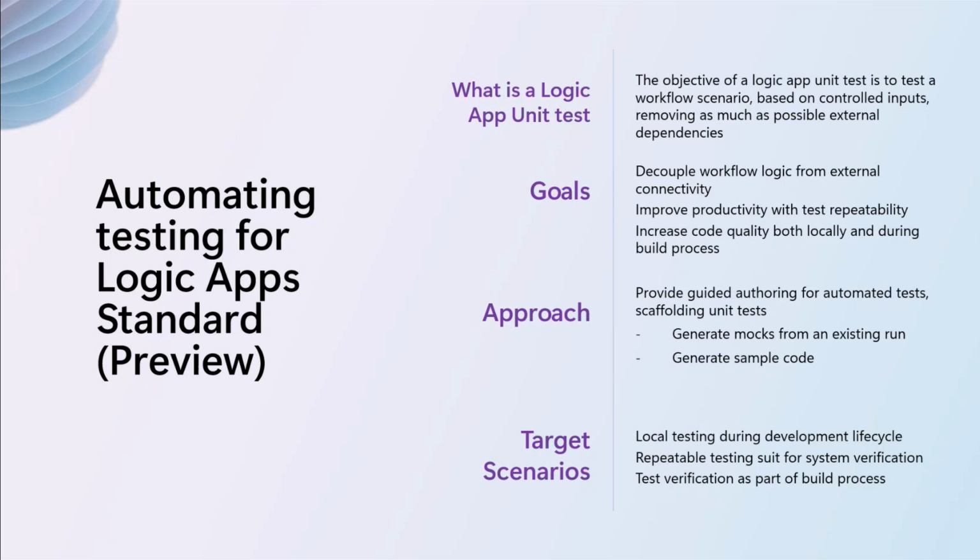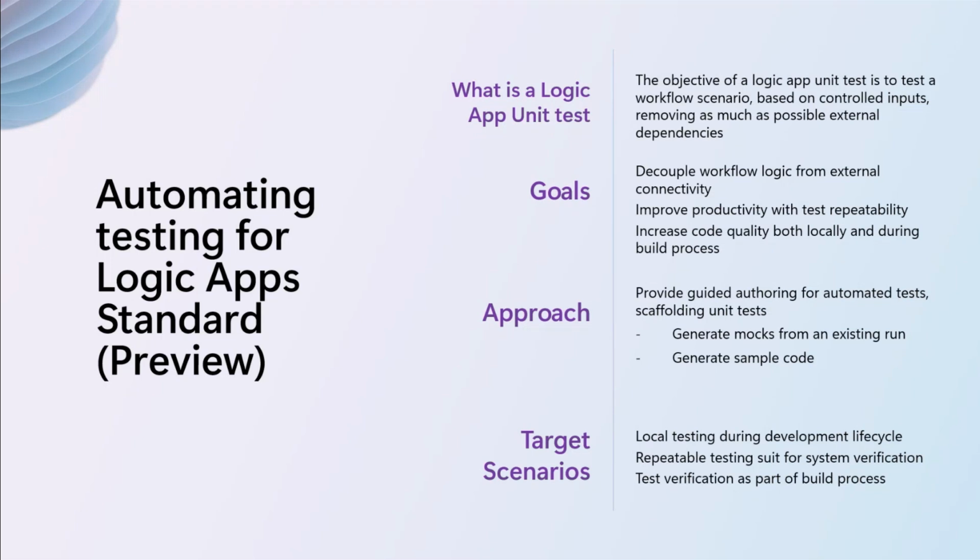So, not being dependent on all those external systems, or connected to having the data that you need in order for you to test. The idea is to decouple workflow logic, which is usually the process that you do inside of a workflow to get that business process to work.